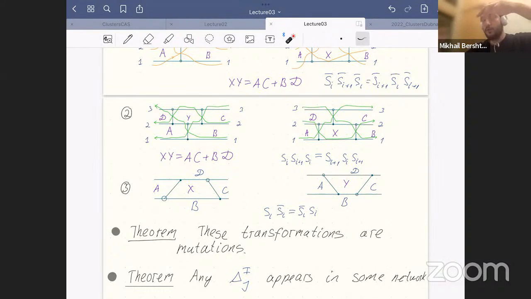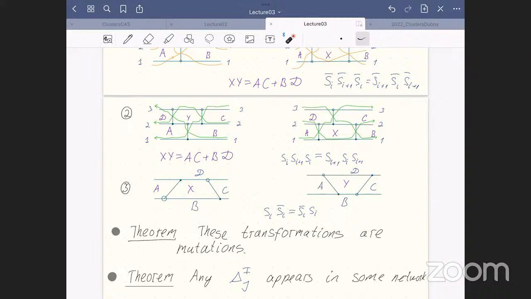And then you can ask, what happens with cluster variables? And it appears that these minors, which I just put here from some book without any explanation, exactly satisfy a mutation relation.